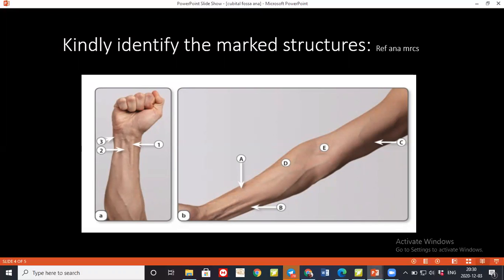Now, can you tell me what is the dermatome which is labeled by A, B, and C? Dermatome A will be C6. Then dermatome B will be C8.